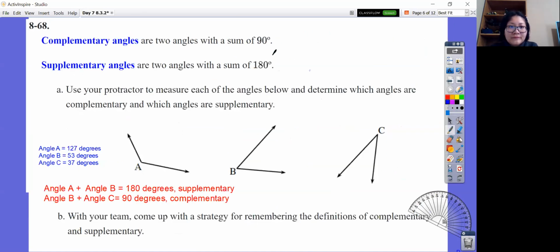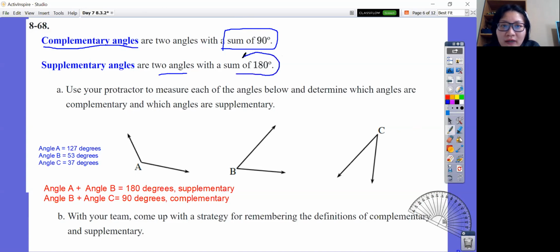A68. Complementary angles: when you add the two angles, the sum equals 90 degrees. We call these complementary angles. When we have two angles that add up to 180 degrees, we call these two angles supplementary angles.